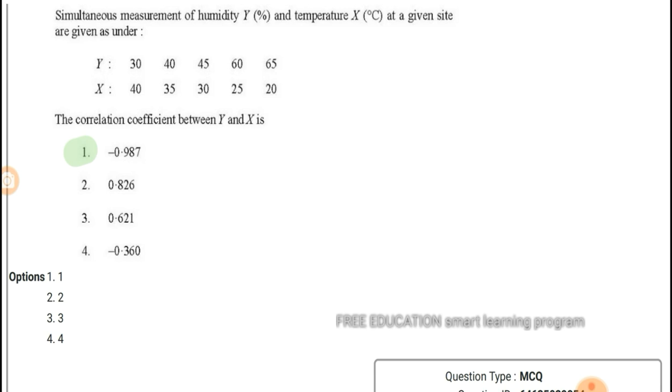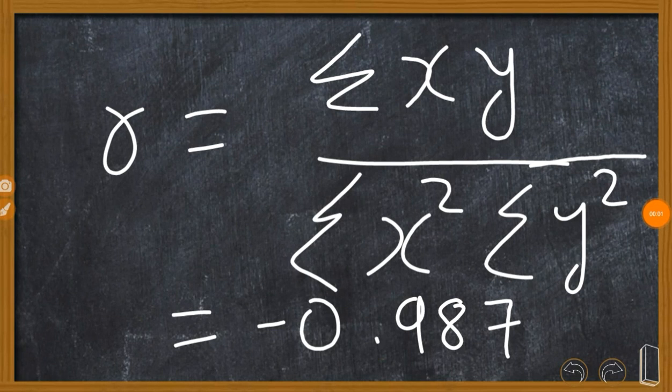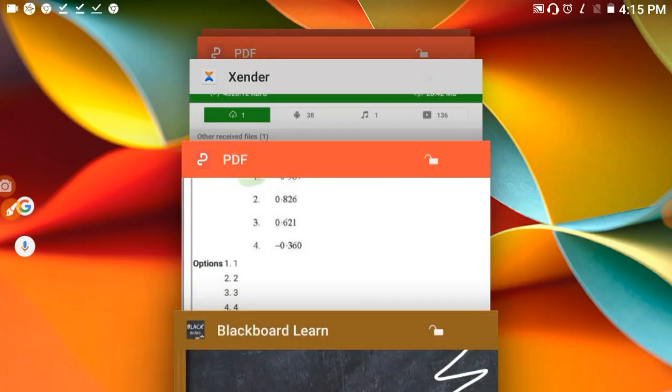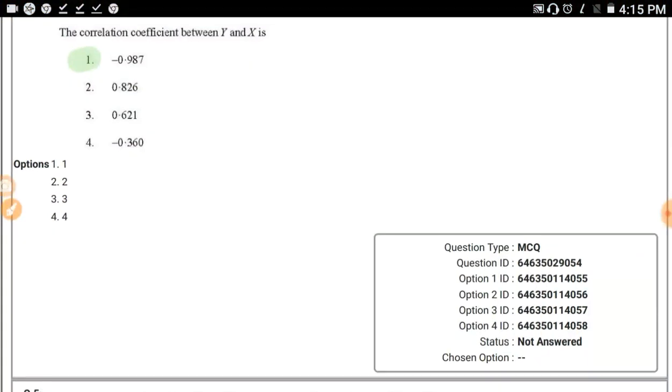So the relation is negative here. We can find it by using this formula, r is equal to summation of xy divided by the square root of summation of x square into summation of y square, which is equal to minus 0.987. This is the answer. Okay, so our right option is 1.